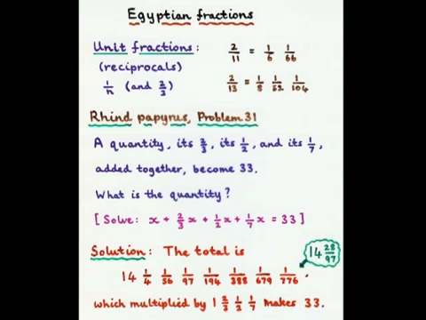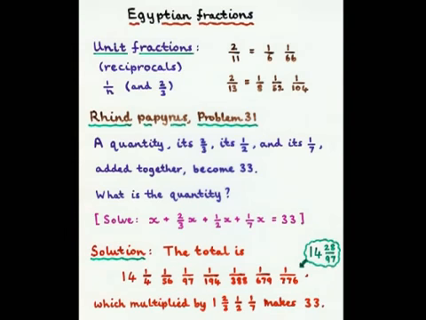No one's really quite sure exactly what method they used to get these unit fractions. There has been a lot of discussion about these, but if you add these two together, you get what we would call 2 over 11. And here's another example. 2 over 13 is 1 over 8, 1 over 52, 1 over 104, as you can quickly calculate in your head.